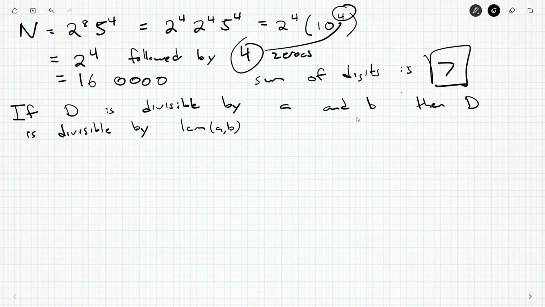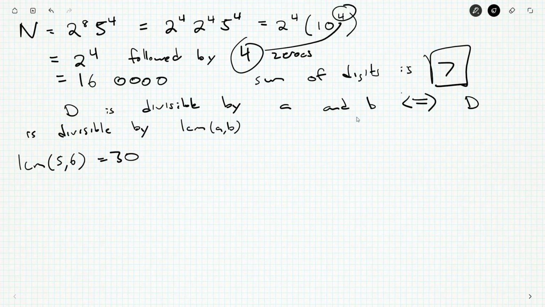And this is actually true both ways. If you're divisible by the LCM, then you are divisible by both A and B. So instead of having an if-then, we can do an if and only if, or the double arrow statement. Now the lowest common multiple of 5 and 6 is not that hard to work out.